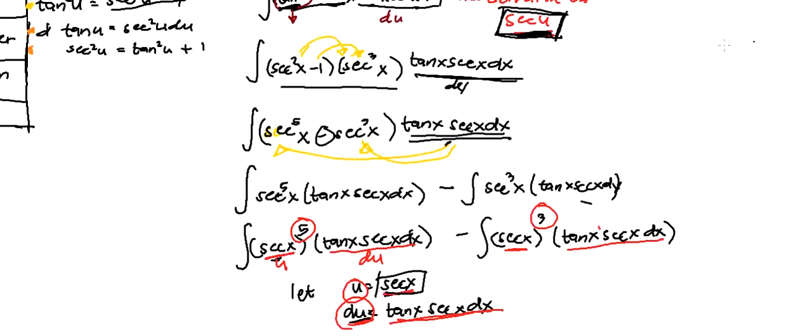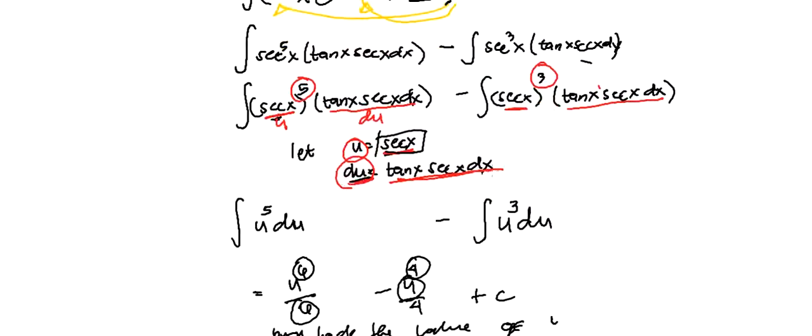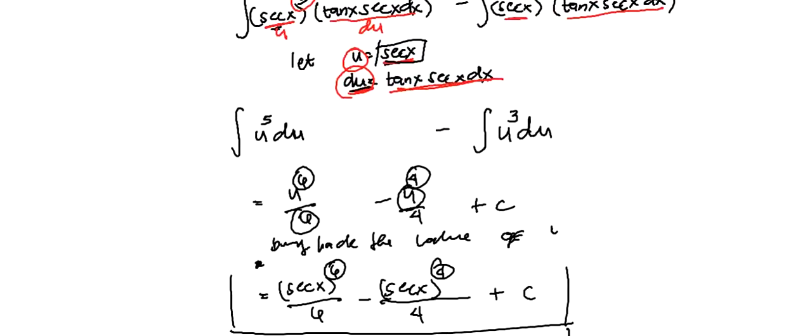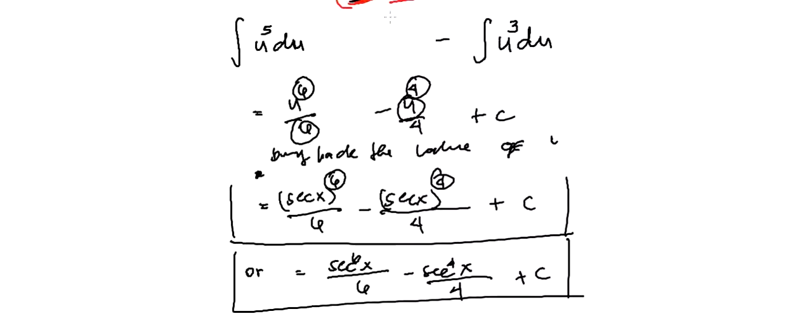We apply that, simplify our problem, multiply, and then we change variable as we let u be secant x, and then we got the derivative of u, which is tangent x secant x. We transformed this and found out that we can use the power formula and then apply the integration. And then to finalize our answer, we bring back the value of u, which is secant x. So this is now our final answer.